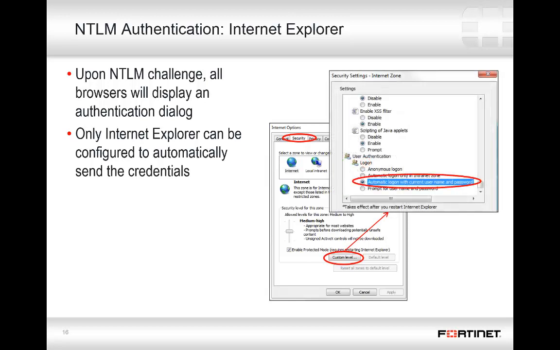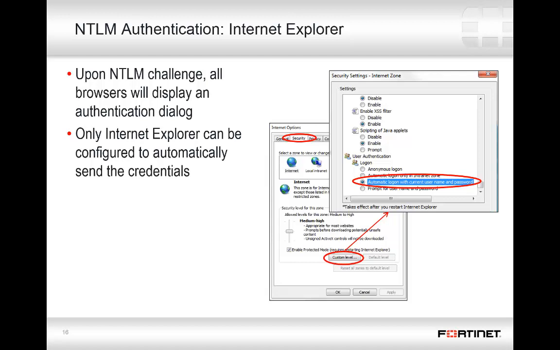We mentioned that unlike full FSSO, NTLM authentication is not transparent for users. This is because in most of the browsers, and by default in Internet Explorer, users must manually enter their credentials whenever the browser receives an NTLM authentication challenge. But this isn't always true.